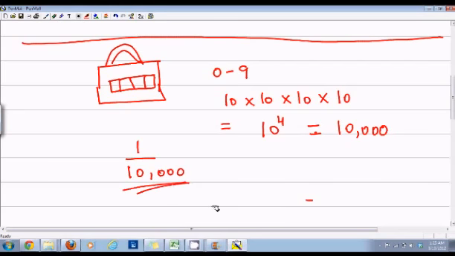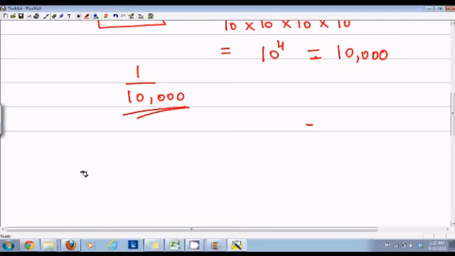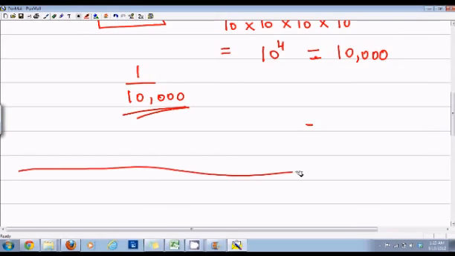So now let's take another example. In this case I say that I have 10 guests and I want them to sit on the chairs.